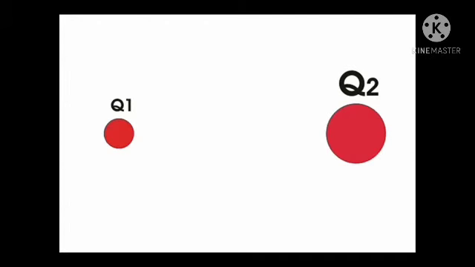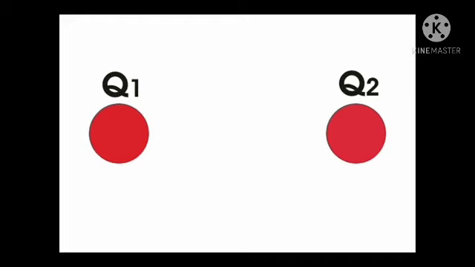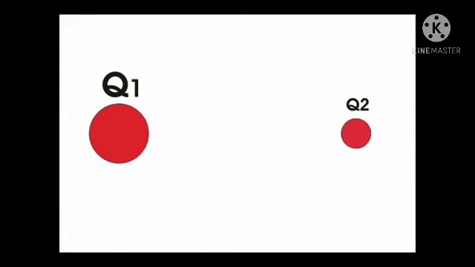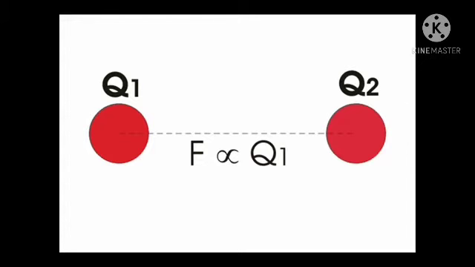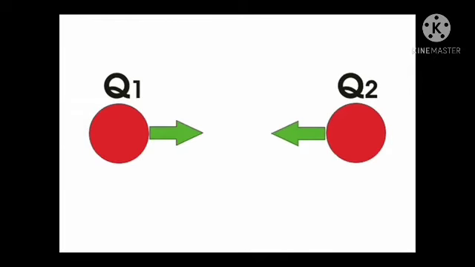F proportional to M1 M2 divided by d squared, or F equals K M1 M2 by d squared, where K is the constant of proportionality. Q1 and Q2 are pole strengths and d squared is the in-between distance. This distance between them is d squared, or L squared, or r squared.